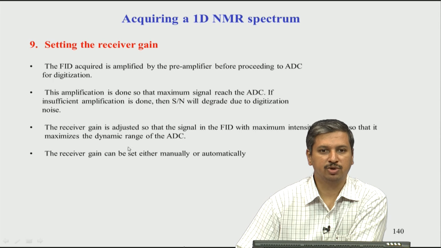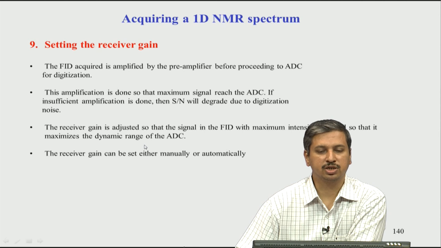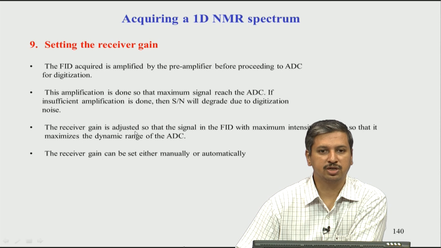This is where the dynamic range issue comes into the picture. The ADC has a limited capacity to receive signal; it cannot receive an arbitrarily large amount of signal. Let us say you have a solvent signal in your sample, and as I mentioned in the last class, solvent suppression is very important. You have a huge signal to noise dynamic range, and if the solvent signal exceeds the range of the ADC, we end up with what is called ADC overflow.